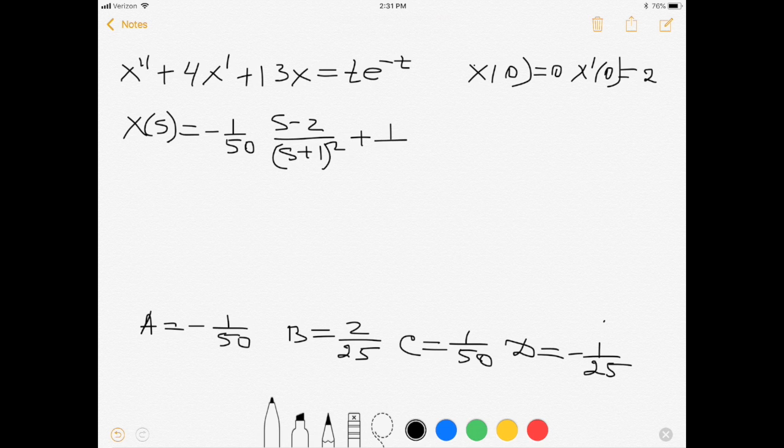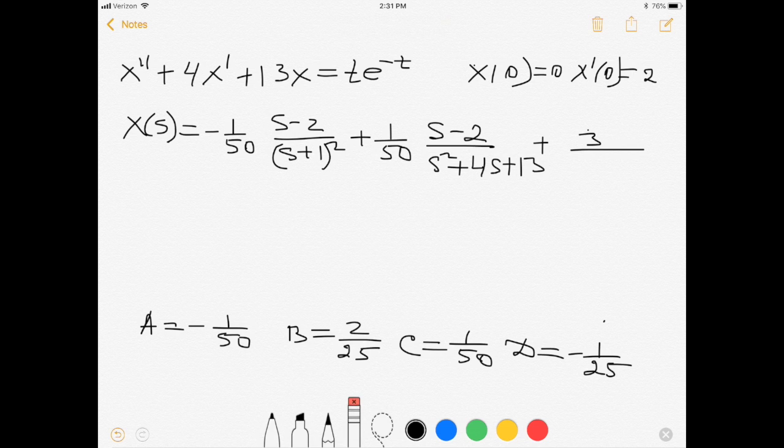Plus 1 over 50, and then we have s minus 2 over s squared plus 4s plus 13, and the last fraction is, oh sorry, it's not 3, it's 2 over s squared plus 4s plus 13.